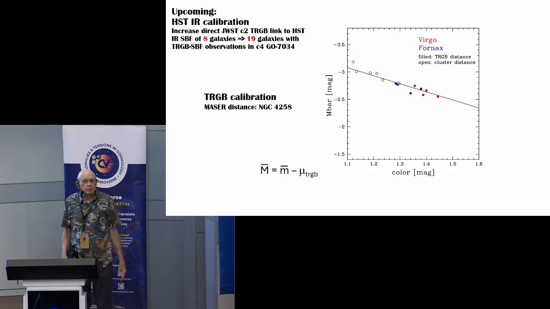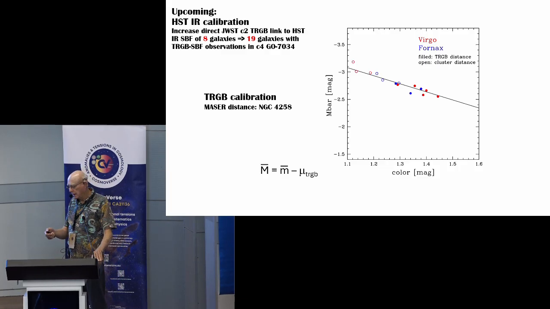But maybe 100 megaparsecs isn't far enough to measure the Hubble constant. There still can be peculiar velocities affecting that measurement.